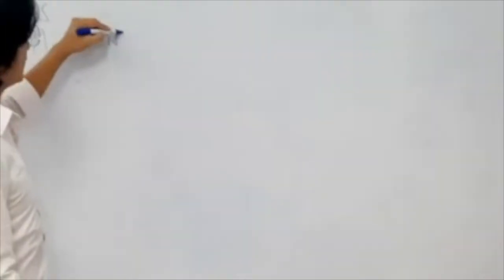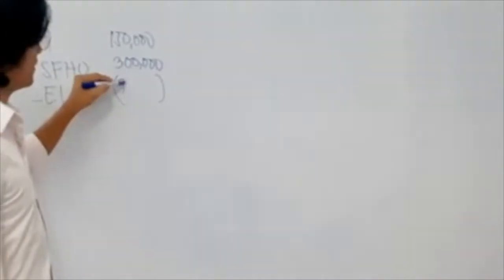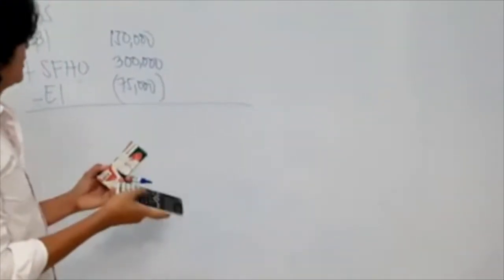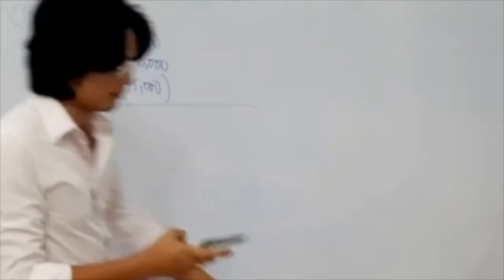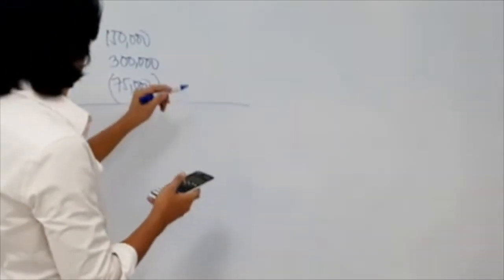Our cost of goods sold computed as follows, starting with beginning inventory at build price, which amounts to 150,000, plus the shipments from home office, amounting to 300,000 at build price, less ending inventory at build price amounting to 75,000. That gives us our cost of goods sold. You have 375,000.